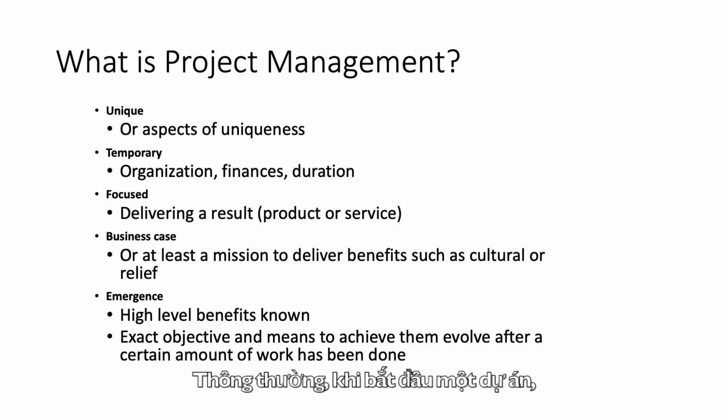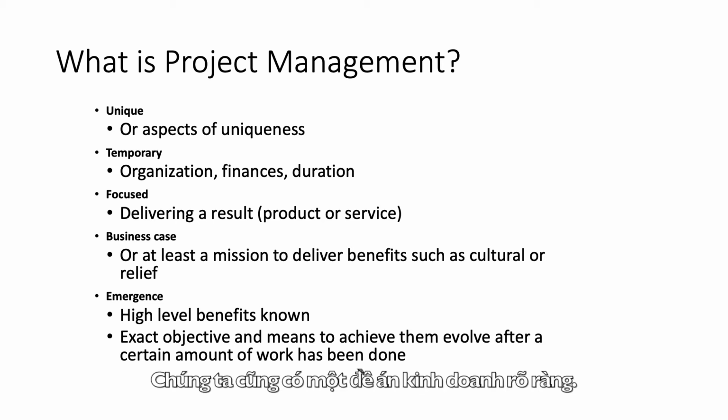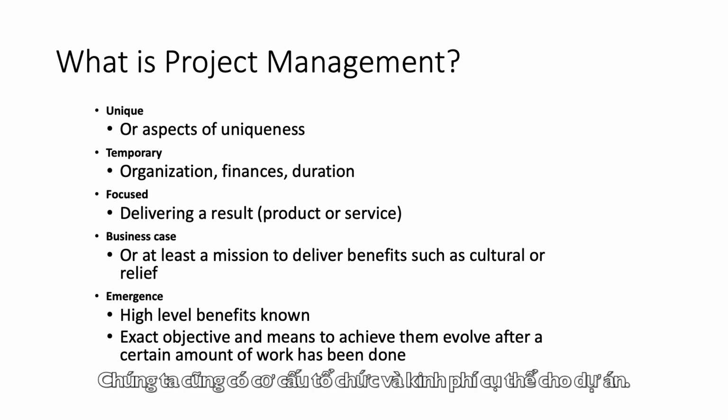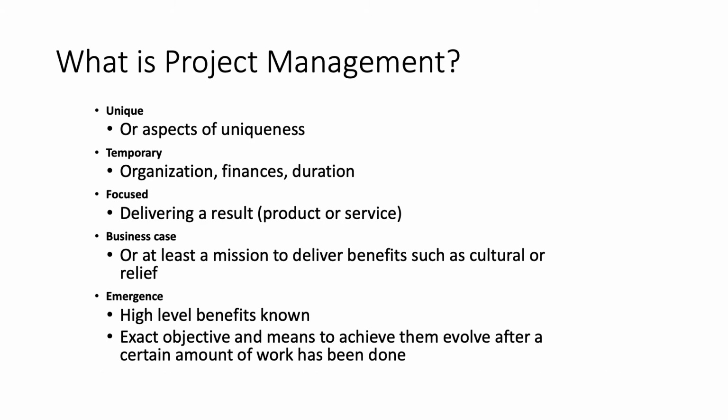Normally when we start a project, we have a very clear understanding of what the high-level benefits are that we are trying to achieve by executing the project. We also normally have a clear business case, and we have an organizational structure and a budget. Many details have been set in place before the project even starts.